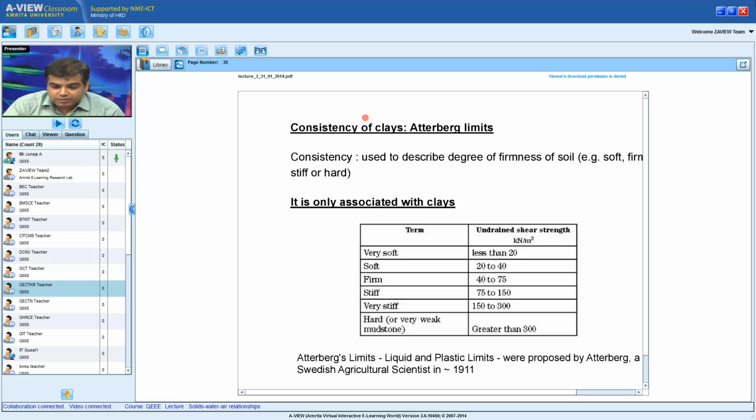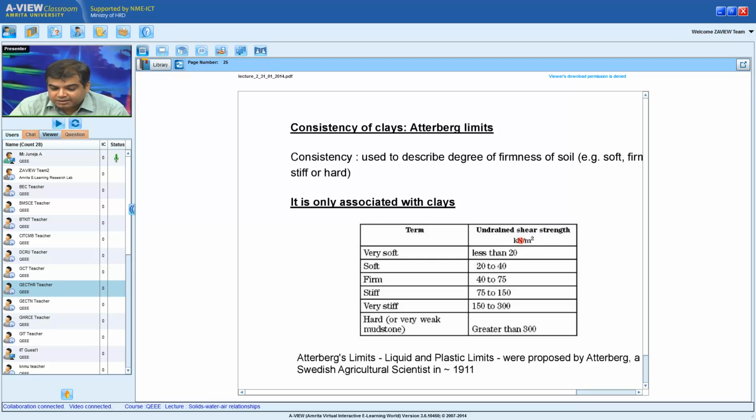We'll move on to look at clay consistency. Consistency is always only associated with fine grain deposits. In other words, fine grain deposits which have plasticity, which have a sticky nature, and which have clay content. So the very first one, if you look at this table very carefully, the right hand side of the table shows shear strength.